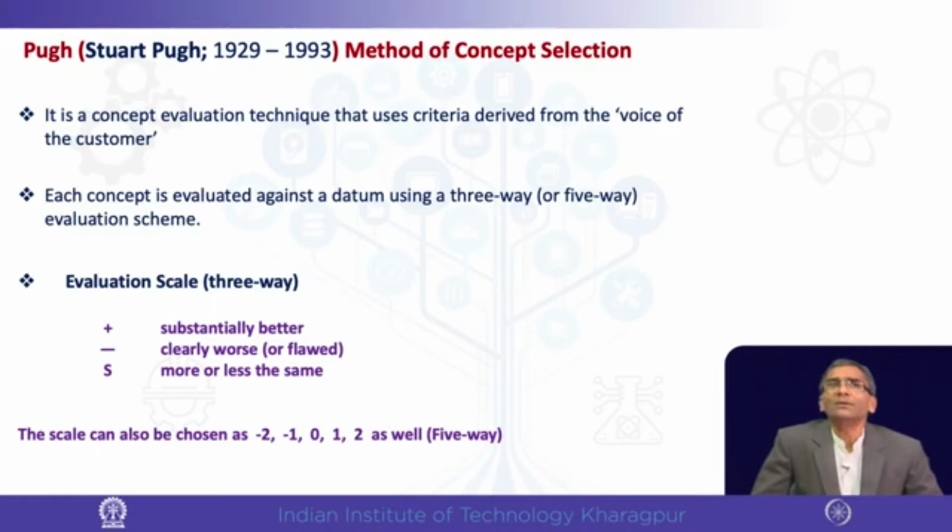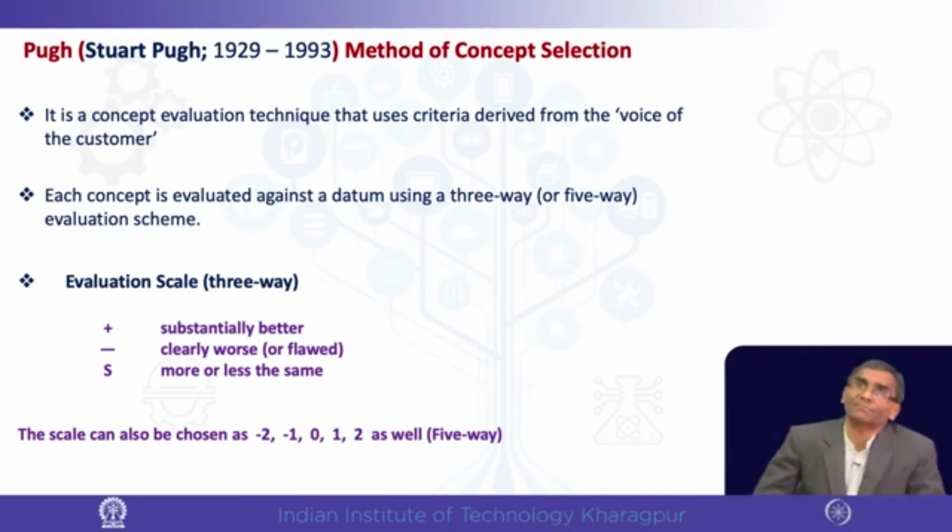That is, if we are comparing a product concept with another concept, it has multiple criteria, say 15 or 20 criteria. For each criterion, whether that particular criterion is better or worse or nearly the same, that is the comparison we make, and then accordingly we rank that concept.